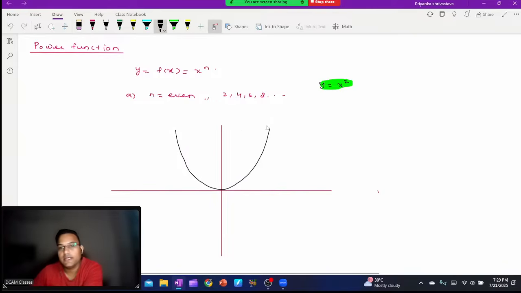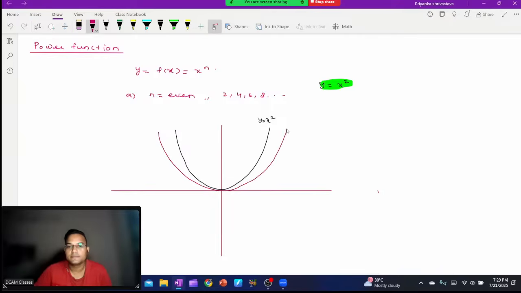But can you tell me, suppose this is for x square, but if I keep on increasing the powers, x power 4, x power 6, how will the graph go? My question is, will the graph expand or will it contract towards the y-axis? Expand. Correct. And how did you arrive at this? X square whole square. Put the values.